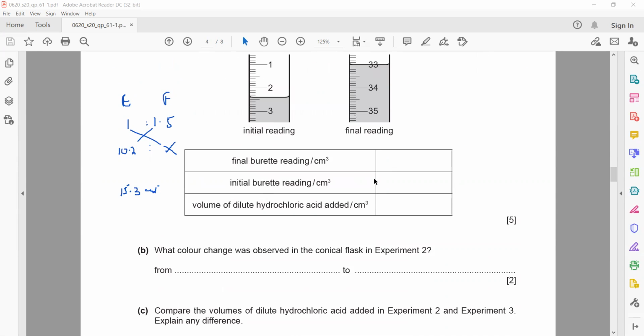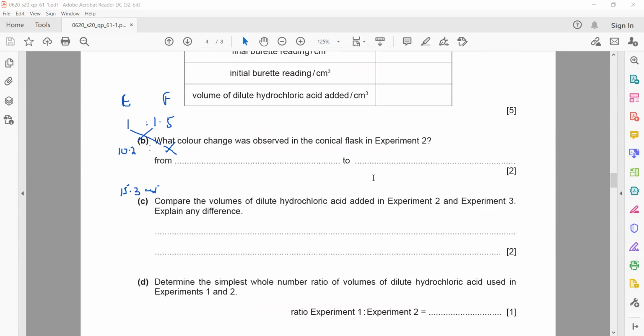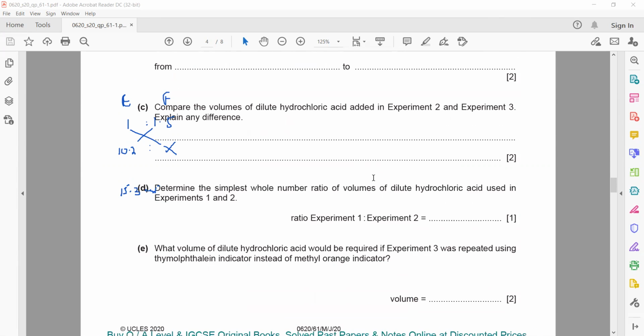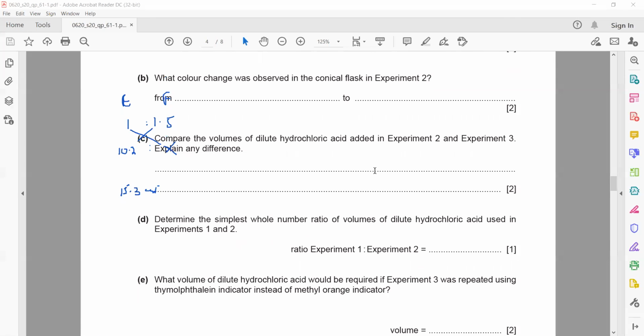Because the ratio between E and F is 1 to 1.5. So if I need 10.2 cm cube for reaction with E, I need 1.5 times more volume, and 1.5 times 10.2 is 15.3 cm cube. So you have to show this ratio, and just state the value. Is it clear, this part?